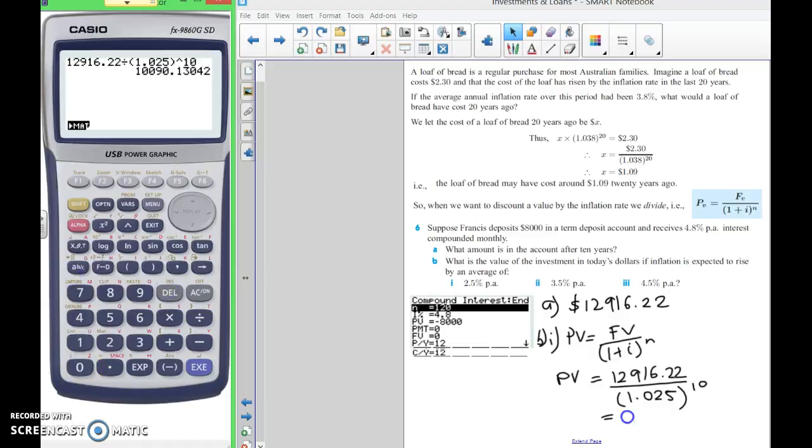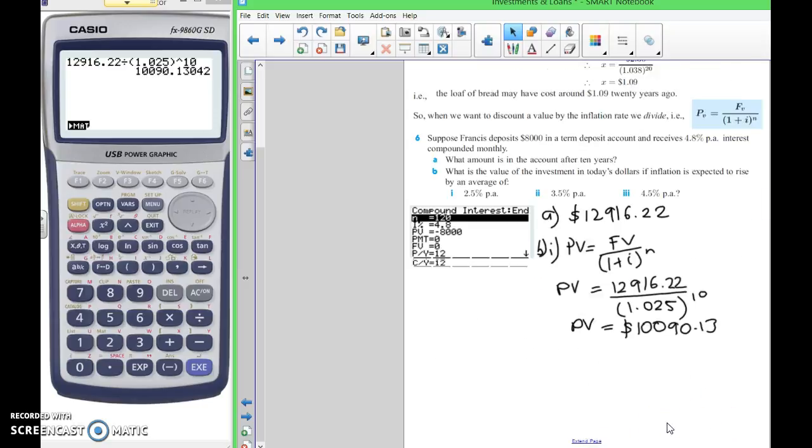That'll give us a present value of $10,090.13. So that's telling us that with the rate of inflation, the value of our investment in today's dollars is $10,090.13.